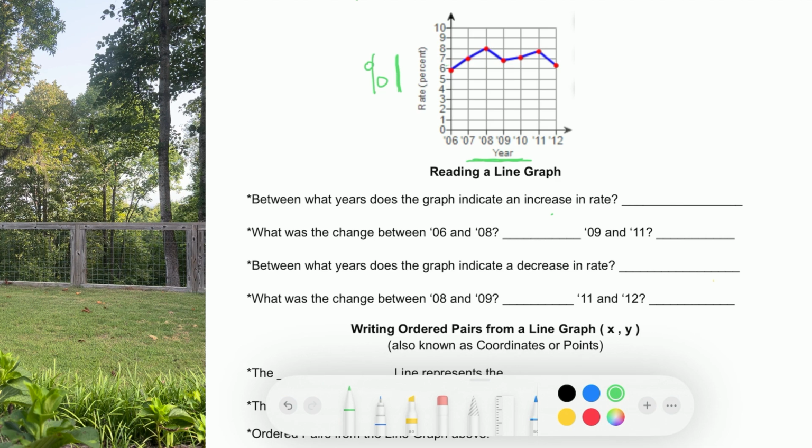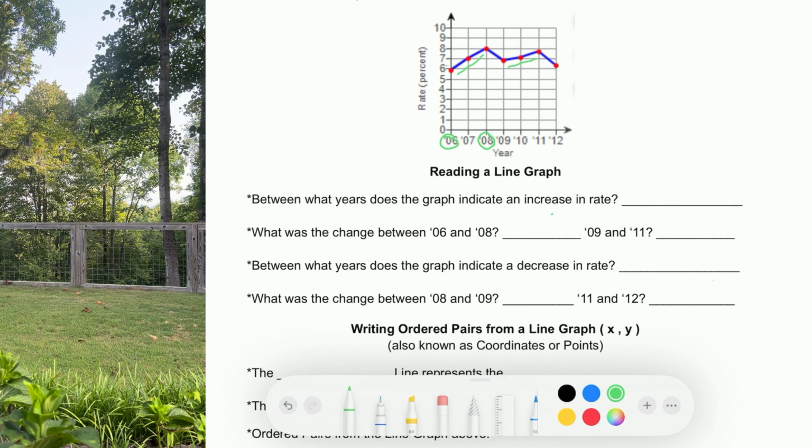Between what years does the graph indicate an increase in rate? So the first thing we need to do is find where our line on the graph actually does indicate an increase. And we have two of those. We have one here, and then we have one here. So our first incline, our first increase, started in the year 06 and it went until the year 08 before it started to change direction and decline.